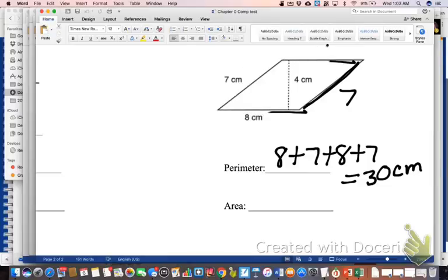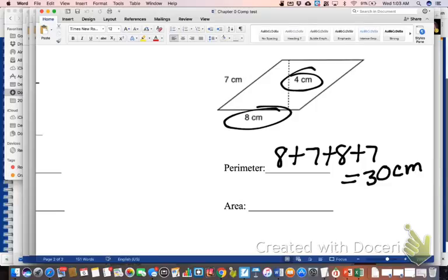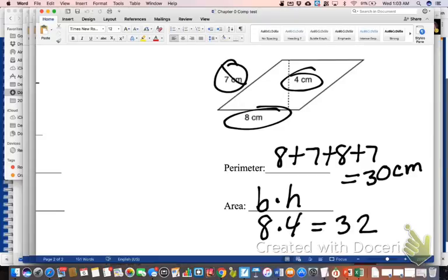And then just like a rectangle, I simply do base times height. So I've got 8 times 4, which is 32. Remember that 7 is just there as a distractor when it comes to the area. And because it's area again, it's centimeters squared.